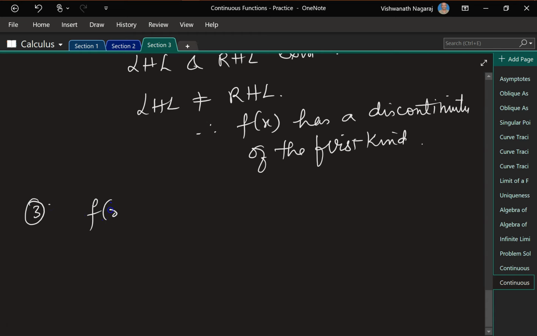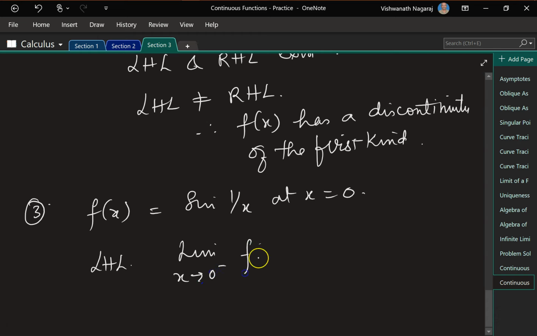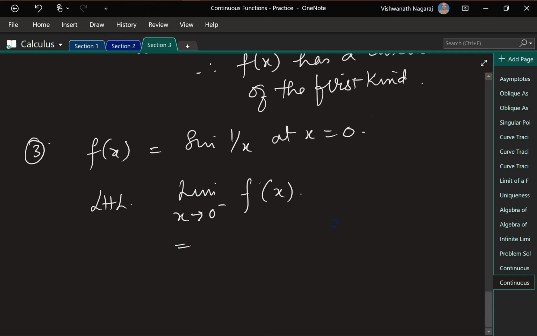Let's try to figure out the discontinuity or continuity of f of x equal to sine 1 by x at x equal to 0. So LHL, limit as x approaches 0 from the left hand side of f of x is equal to limit as h approaches 0 of f of 0 minus h.